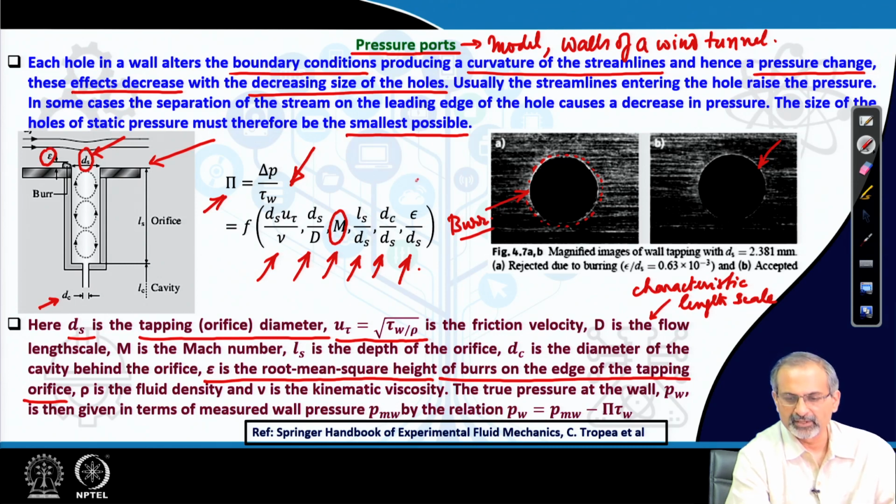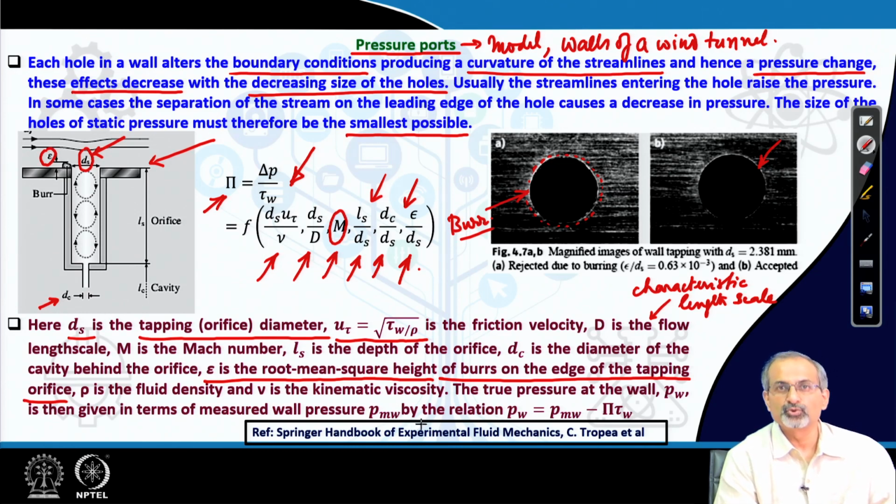If you watch carefully, these parameters all figure here in the non-dimensional groups, and the true pressure at the wall, if we represent it as Pw, is then given in terms of the measured wall pressure, M for measured, through a relation like this.